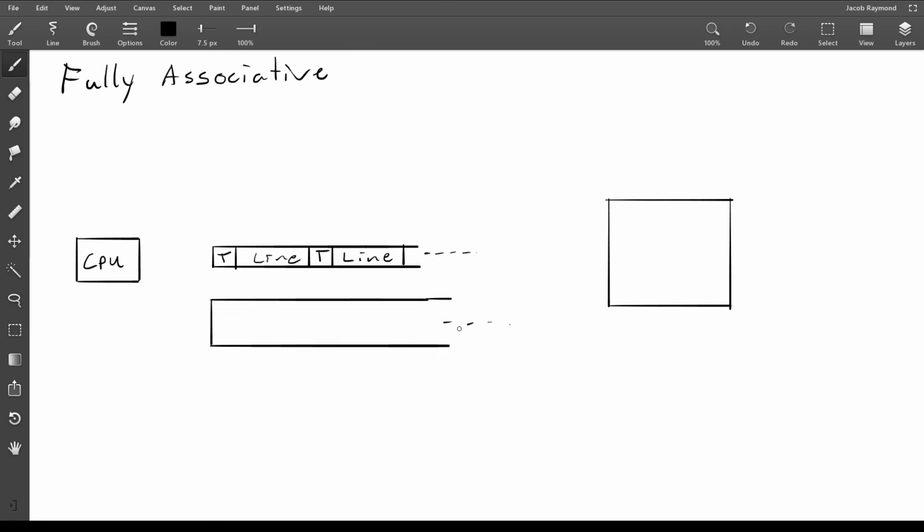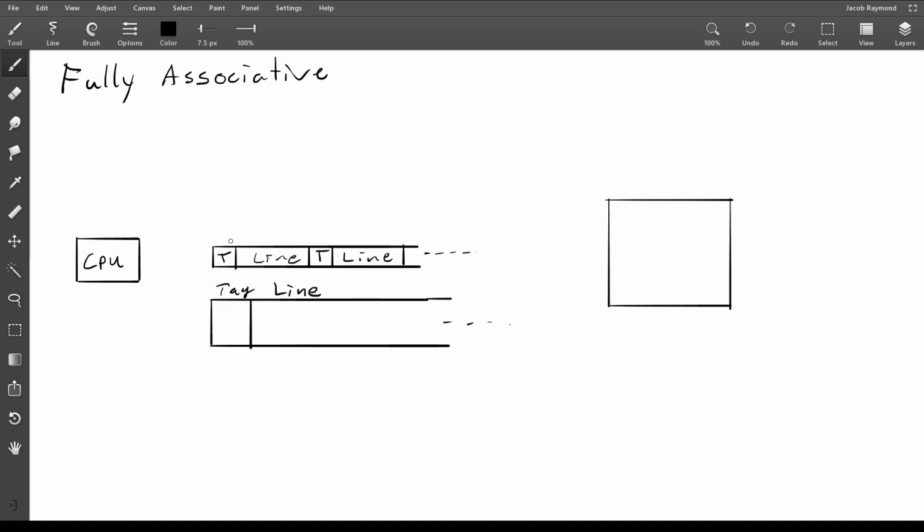So again, we're just assuming this is big, however big the cache would be. It doesn't actually really matter for how fully associative works. But then we'd have a tag and then a line.